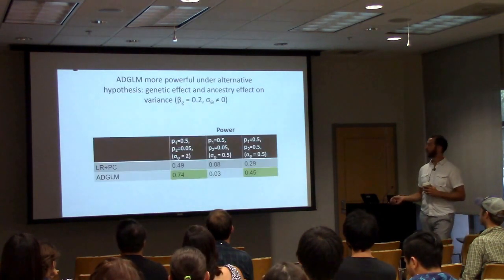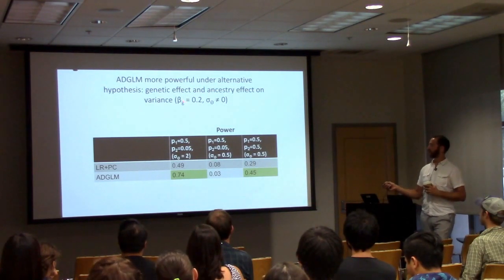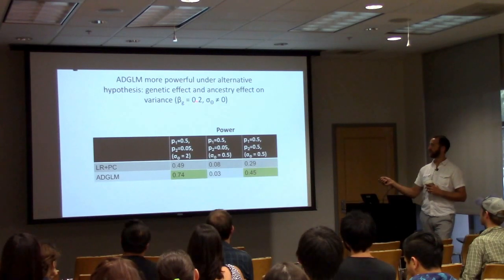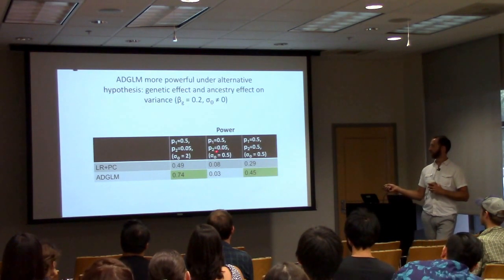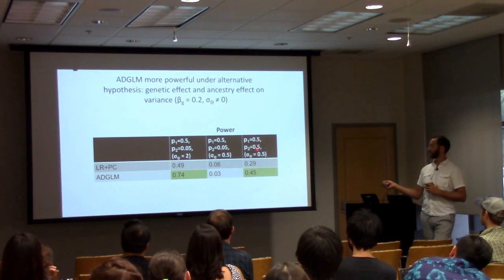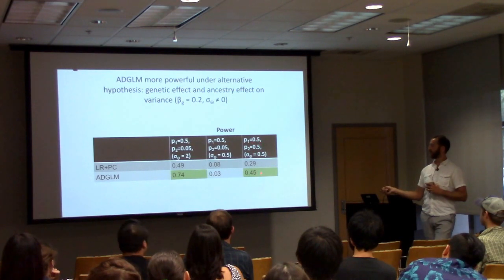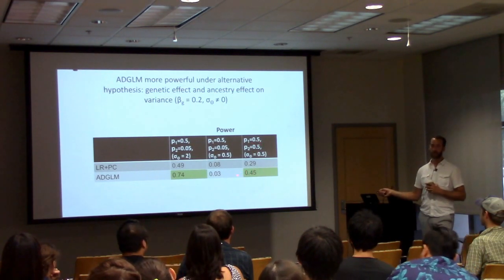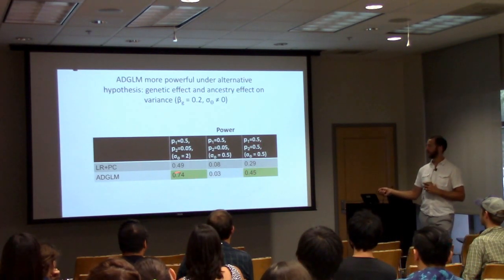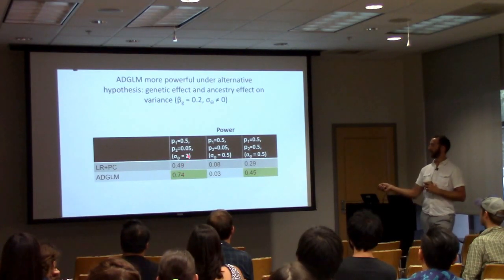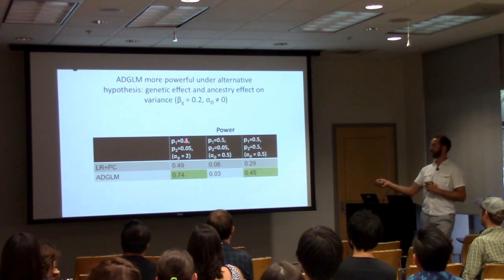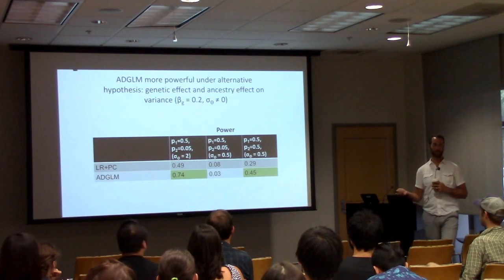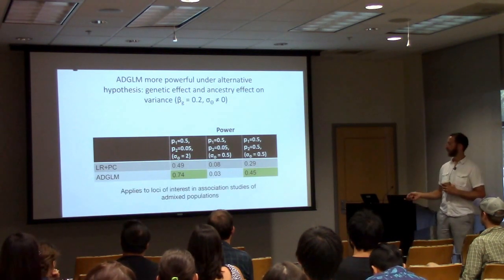If we now look at power, where we have sigma theta not equal to 0 and beta g actually has an effect, the power here is slightly lower than the power of linear regression with PCs, but in the case where these are equal, by having a model that closely fits the data, we increase power, and here we get a much larger gain in power because the variance here is higher, and that's what we're modeling.